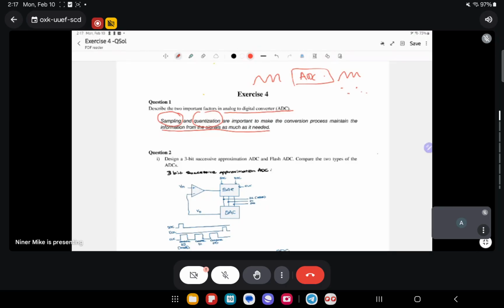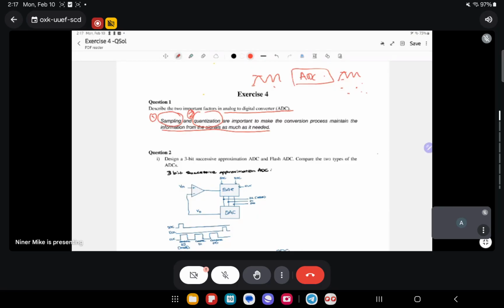I think you can read from the slide. So all this is already described. Okay, so we want the actual signal to come out from our ADC. So the amplitude also is important, it is accurate, same as this. All right. So those are the two important things of the ADC.